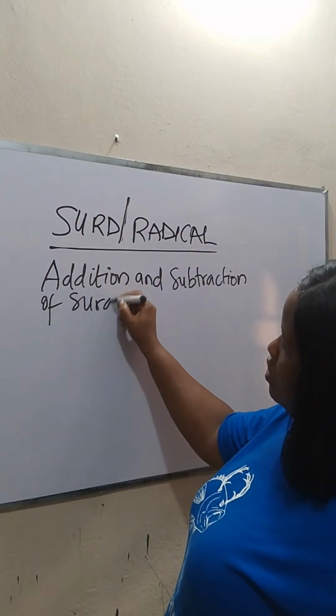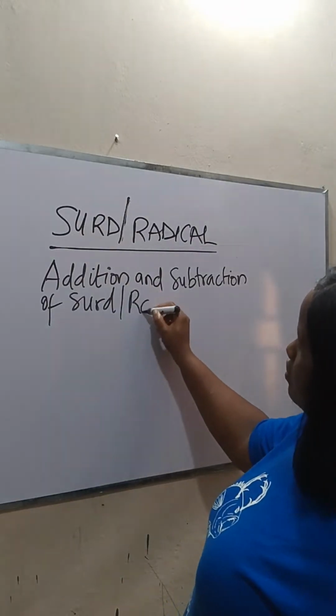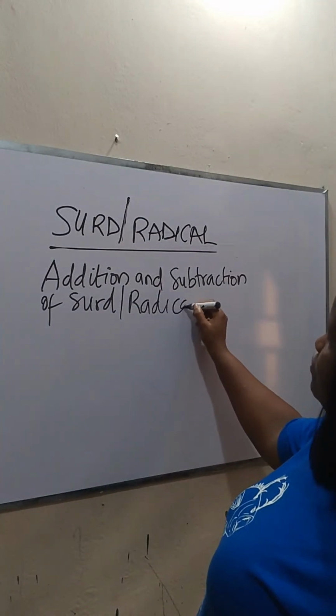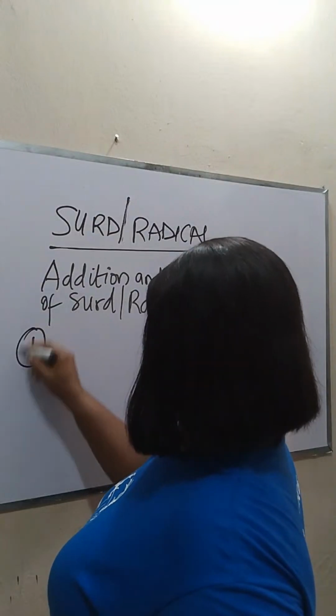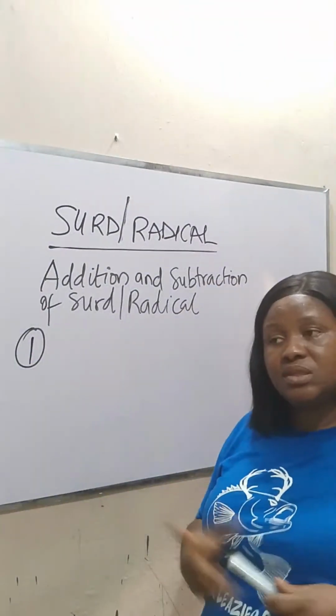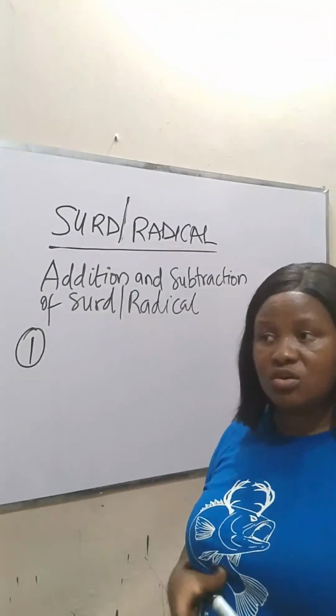All right. Sword or radical, the same thing. They are the same thing. The difference is your location. So example 1 is just as the name means, addition and subtraction of sword.